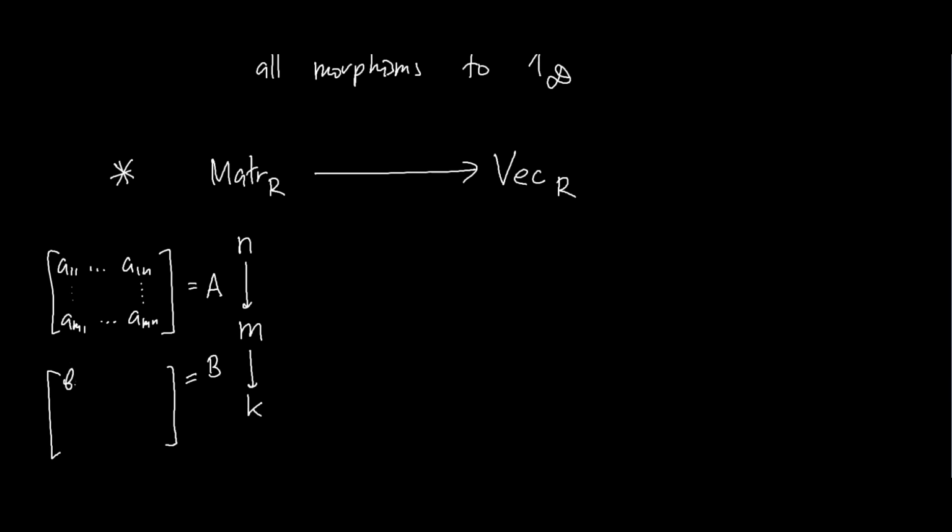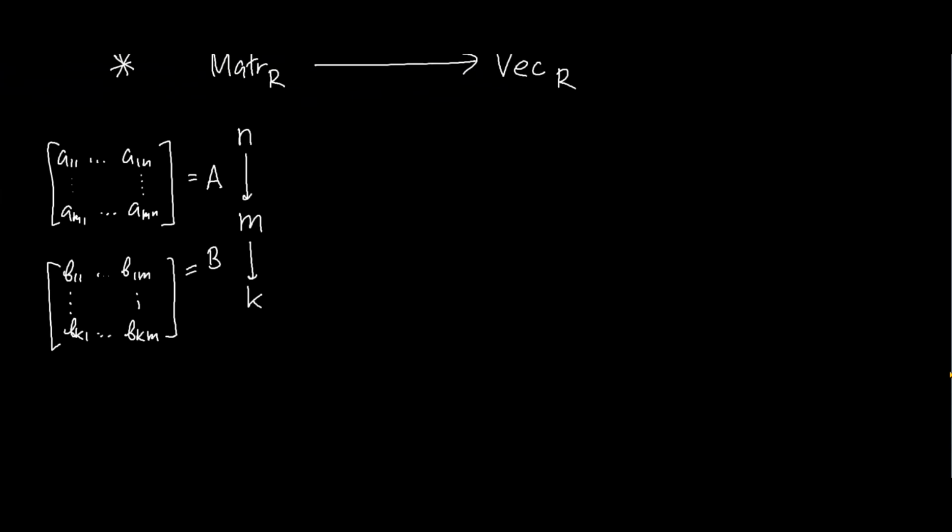So we will have B11 up to B1M, and in the last row, we'll have BK1 up to BKM. Composition of morphisms was defined as matrix multiplication. So B composed with A is just the usual way we multiply matrices. I'm not going to write out that formula because I think it's familiar for everyone.